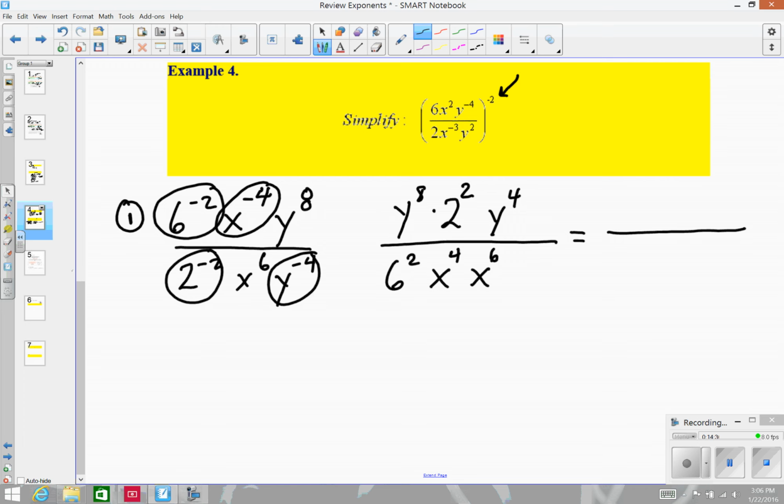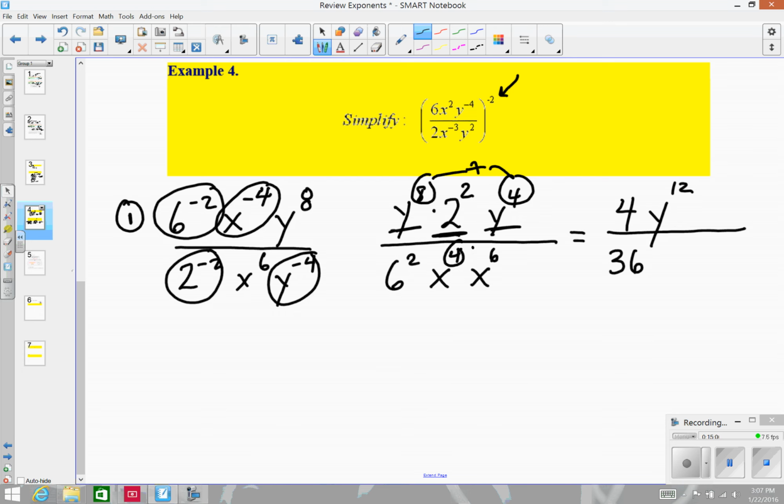So let's just combine our x's and y's where we can. And I'm going to also take my base of 2 and raise it to the 2nd power, and the same thing with the 6th, I'm going to raise that to the 2nd power. So to begin with, I'm going to write the numbers first. 2 squared would be 4. Then I have y to the 8th times y to the 4th, so same base, I'm going to add my exponents and make that y to the 12th. 6 squared, 36.